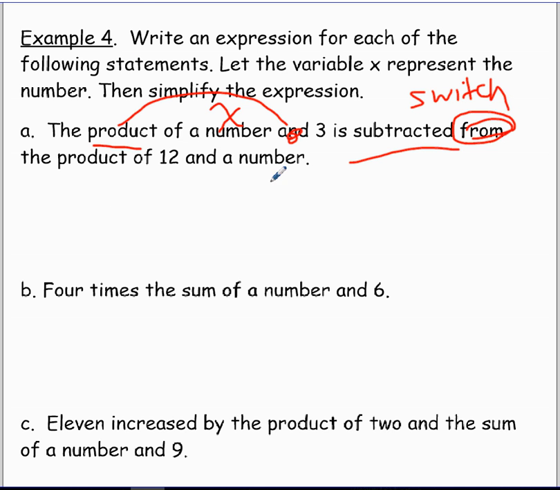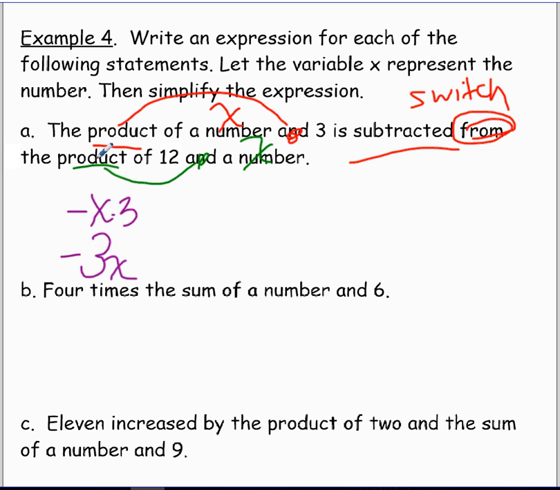And then we have the same verbiage here a little bit with the product of 12 and a number. So and is our multiplication, and we have a number here being x. And so a product of a number and 3, so x times 3, which we usually write the coefficient first, so we'll just switch it around and make it 3x, is subtracted from, so remember there's something to start with, so we have to kind of write it backwards.